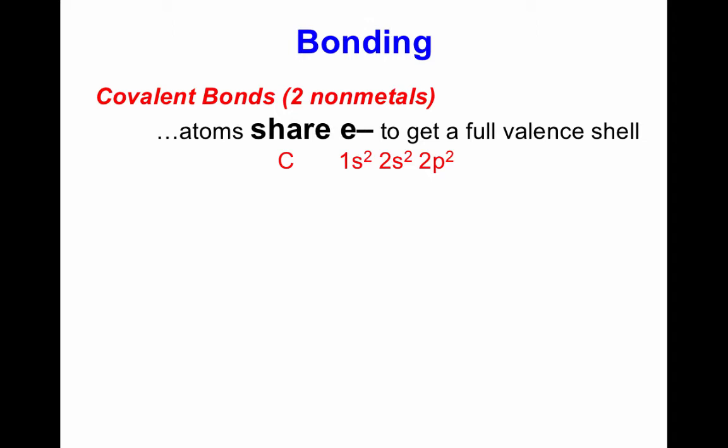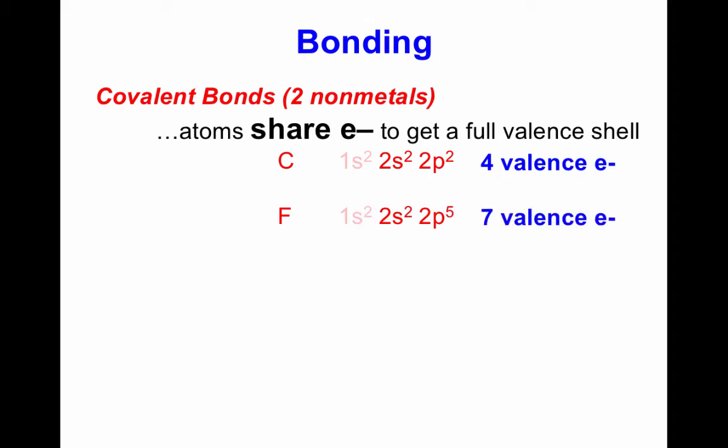carbon's electron configuration is 1s2, 2s2, 2p2. The 2s2, 2p2 are the valence electrons. Therefore, it has 4 valence electrons and it would get 4 dots for the Lewis structure. Fluorine is 1s2, 2s2, 2p5; the 2s2, 2p5 are the valence electrons.